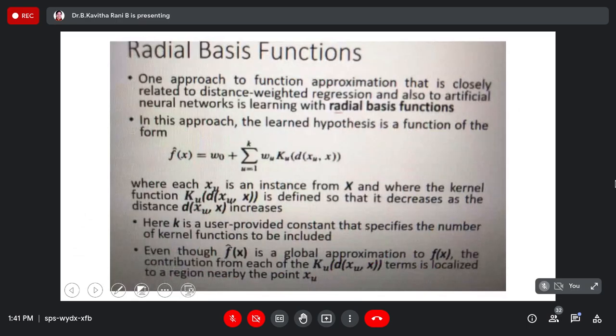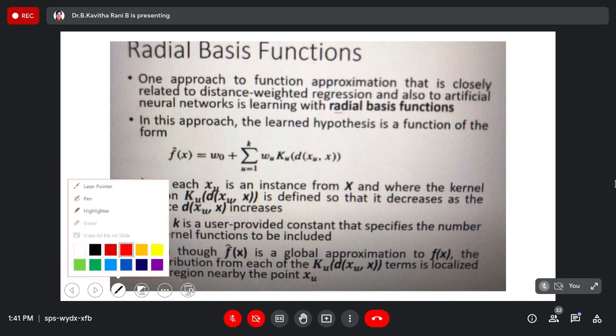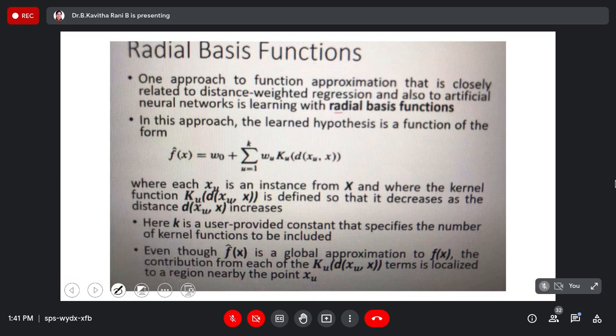Next, this is a small topic. Next is radial basis functions. One approach to function approximation that is closely related to distance weighted regression and also to artificial neural networks is learning with radial basis functions.